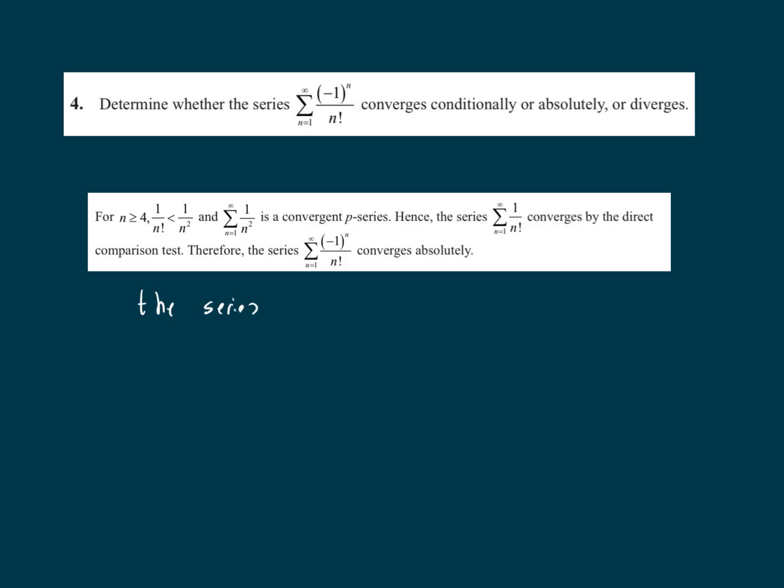Let me do it right. When n equals 1 it is minus 1. But I'm going to do the absolute value, so 1 plus 1 divided by 2 factorial plus 1 divided by 3 factorial plus 1 divided by 4 factorial plus 1 divided by 5 factorial.